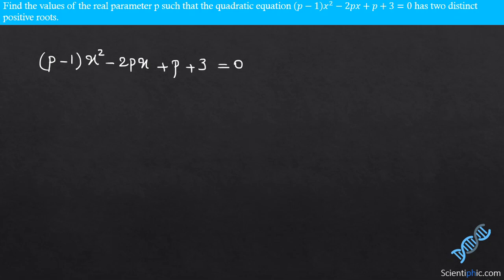In this equation, the variable is x. So basically x is the variable and p is a constant with unknown value. So basically we want to find the value of p.